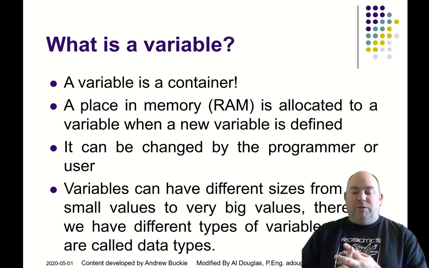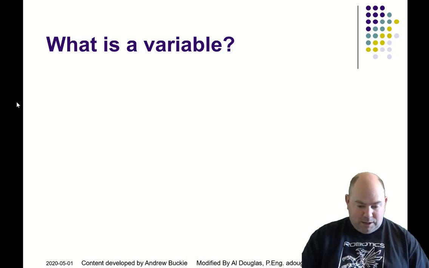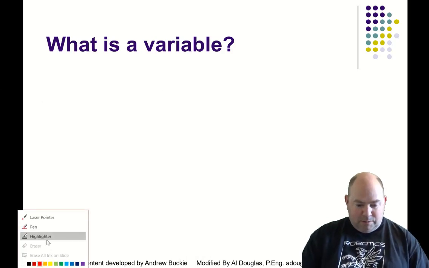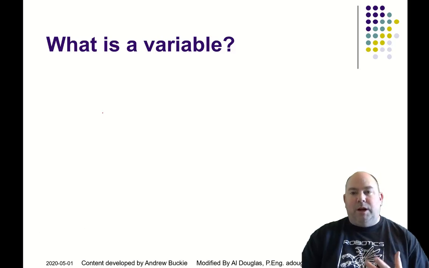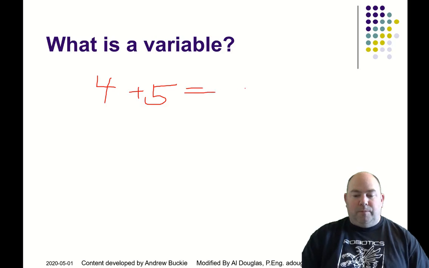And variables can have different sizes and can be different types and can use different data types. So let's look at what we mean by all this. Let's say you have a program that basically does 4 plus 5 equals something.